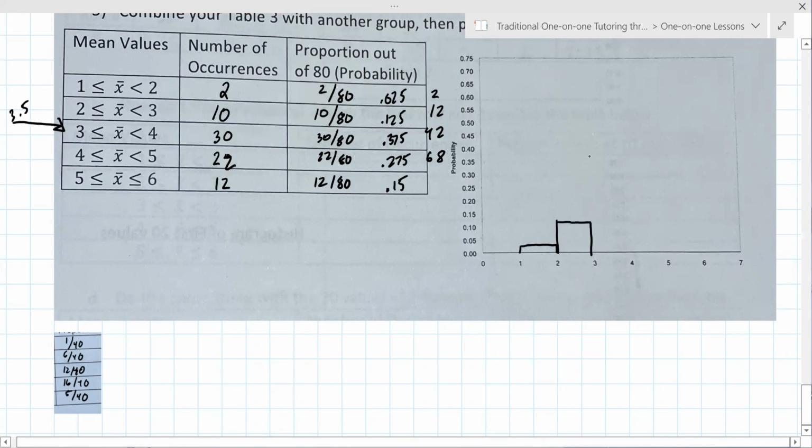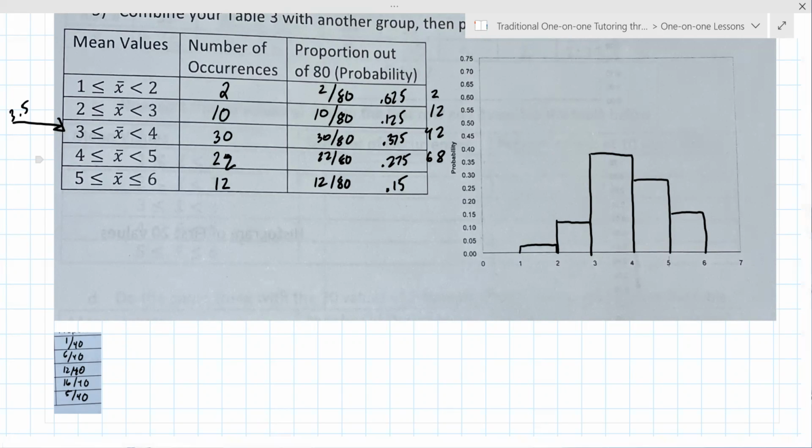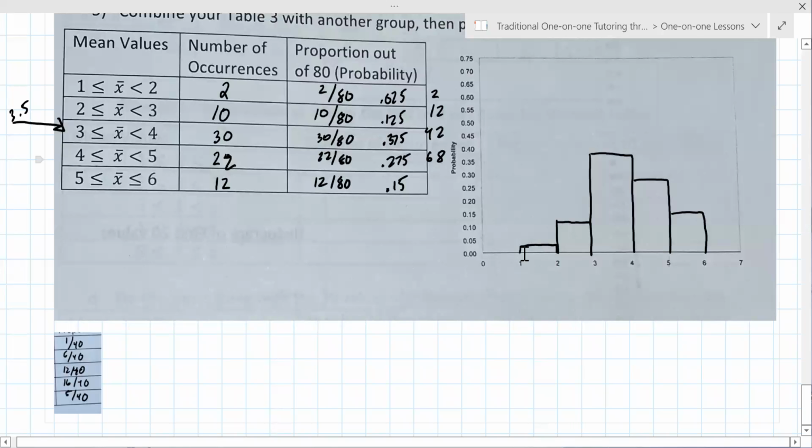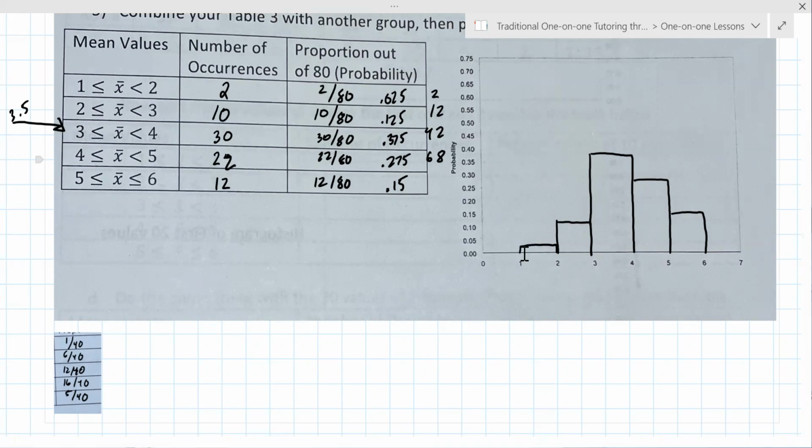And then 0.375 is up here a little ways. 0.275 is kind of there. 0.15 is kind of there. And the idea here is that this is closer to the normal distribution. That's what the instructor would be saying. Look, and if we combine everyone's data, we get something that's even more like the normal distribution. But that's everything for that particular problem.